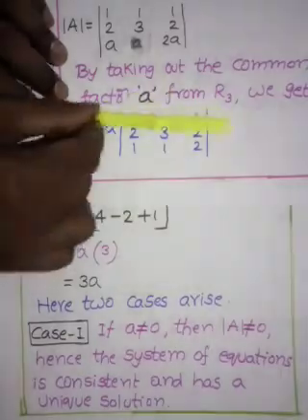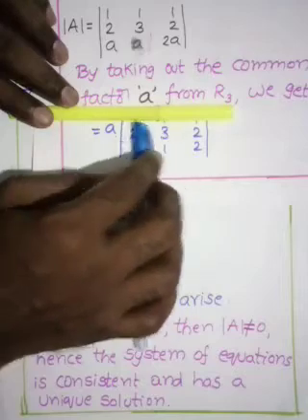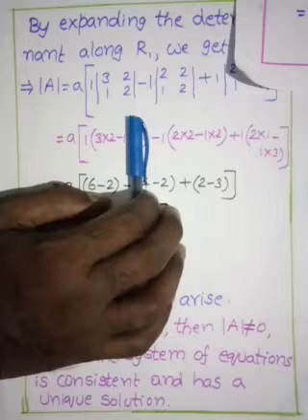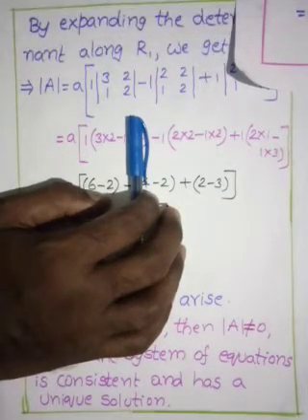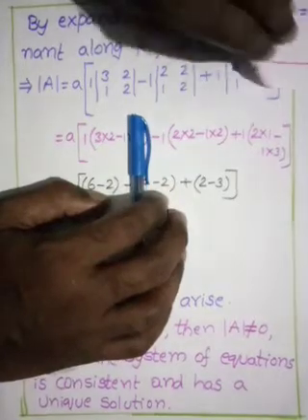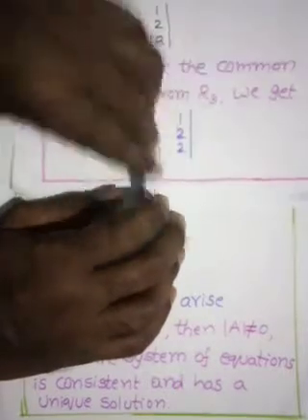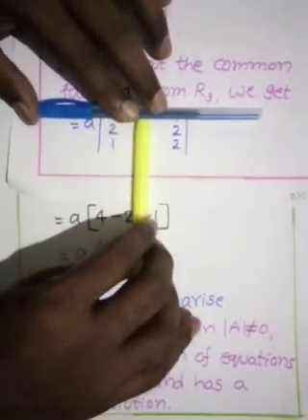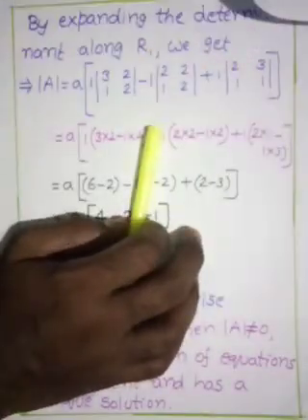We close the first row and first column, and we get the submatrix 3, 2, 1, 2. Next, minus. I told you the sign matrix, plus minus plus in the first row. Remember that sign matrix. Now this element we write as it is, into the submatrix obtained by closing the first row and second column, which is 2, 2, 1, 2. We have to find its determinant.